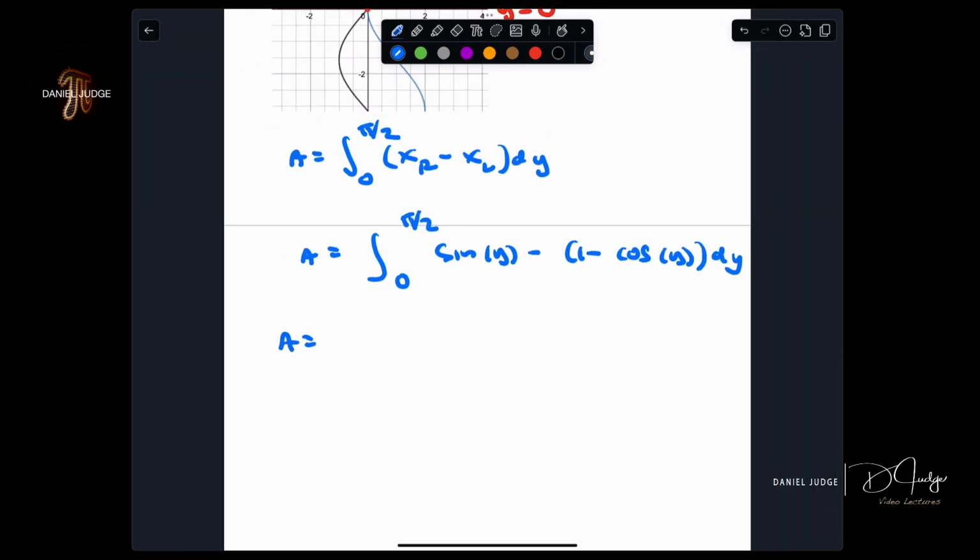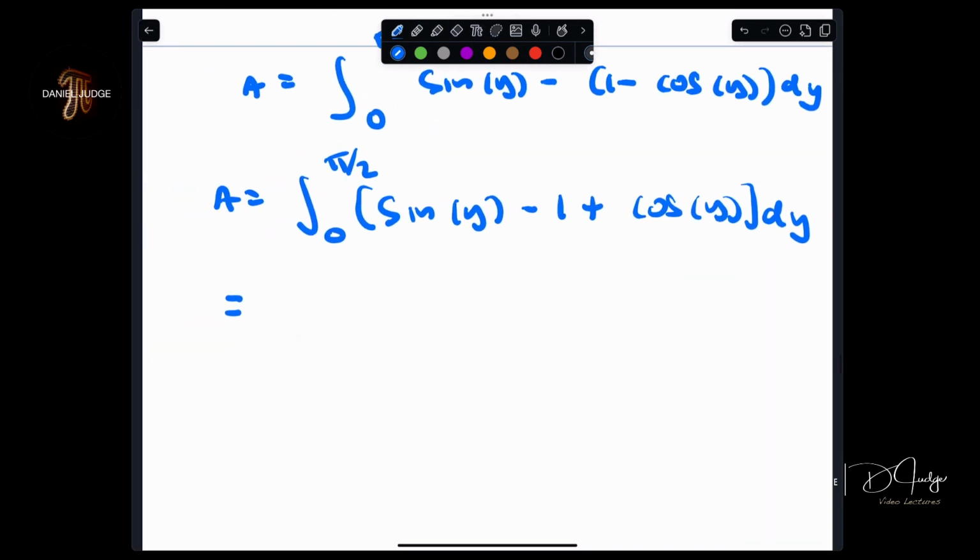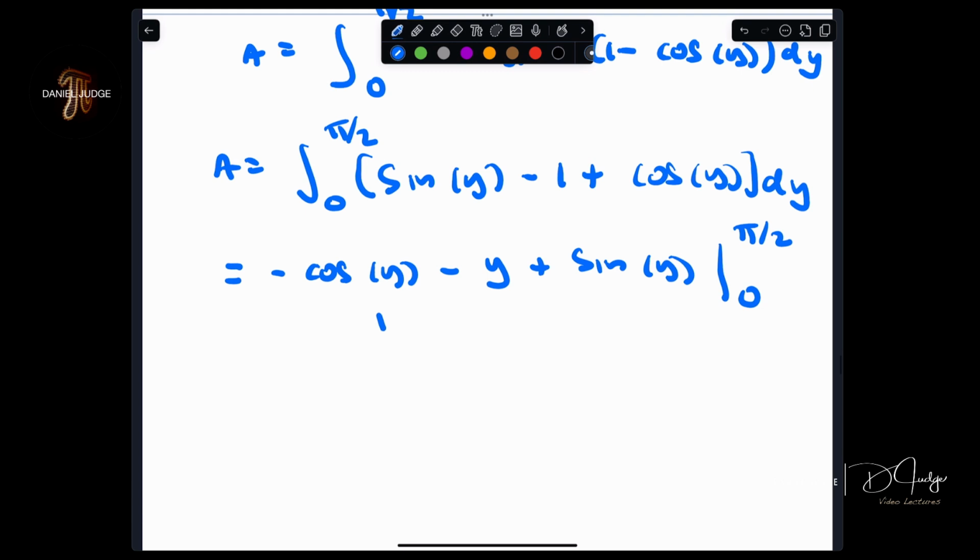So, integral from 0 to pi over 2 of sine y minus 1 plus cosine y. So let's get the antiderivatives now. Minus cosine y, minus y, plus sine y, from 0 to pi over 2. So don't forget, you're going to evaluate this at f of pi over 2 minus f of 0.